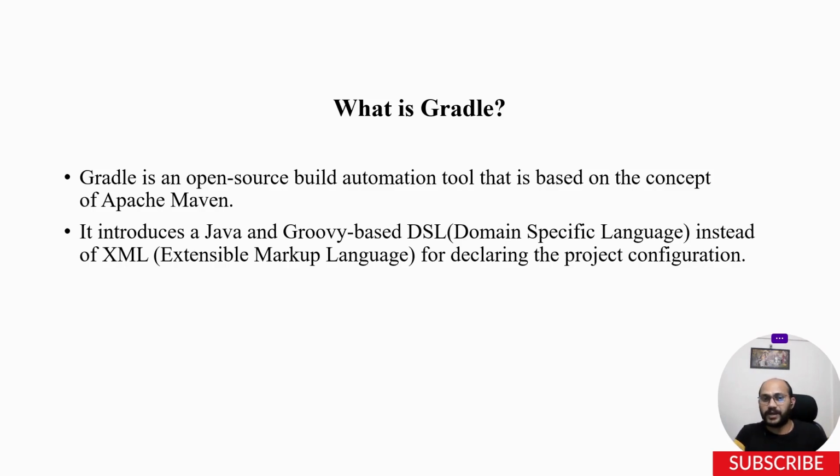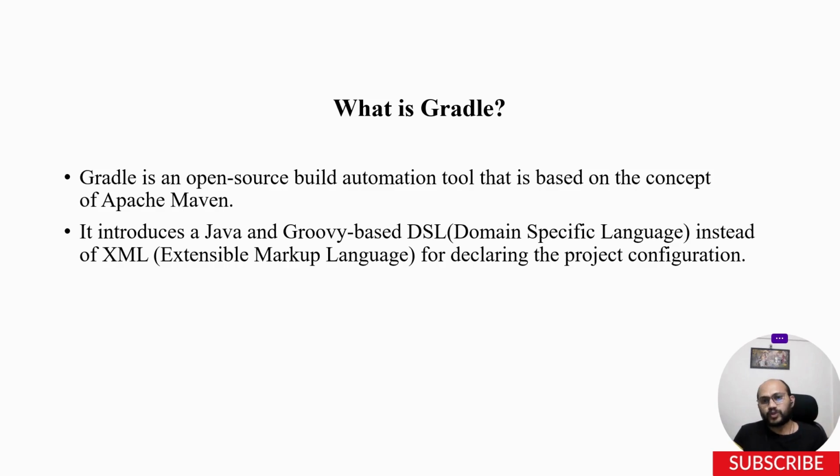If you look at the Maven build tool, whenever we use Maven, we compulsorily have to use the pom.xml file, and in that pom.xml file we add the dependencies. This is what we used to work on in the Maven tool. But right now, if you are using the Gradle tool, we don't need to work on the XML file. We have to use a domain specific language file.